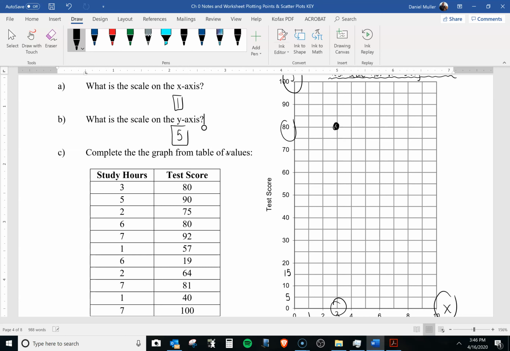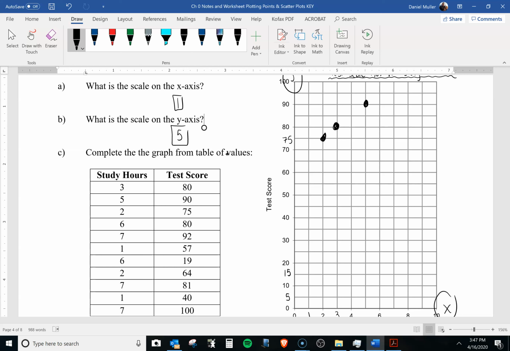We're going to need to graph all of these. Then 5 and 90. 5 is right here, and 5 and 90 is right there. Then 2 and 75. The y-axis goes up by 5, so this is 70, this is 80, so this must be 75.